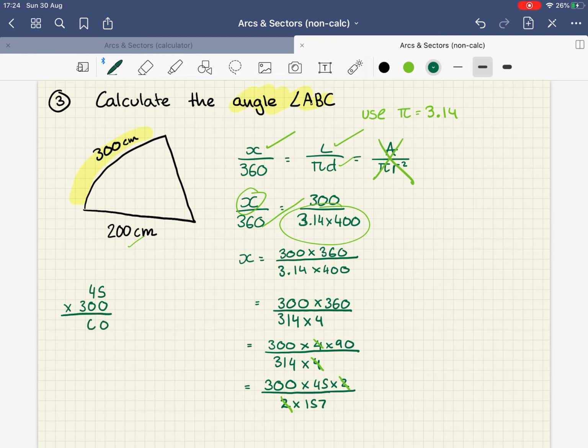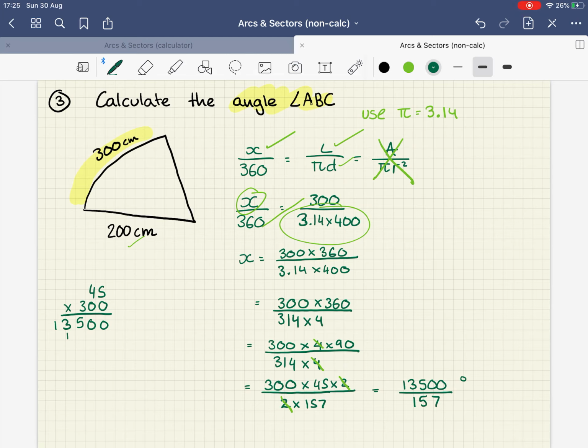And it's totally fine to still use these chimney sums to help you figure it out. So my final answer is going to be 13,500 over 157 degrees. So not a particularly nice looking number there, but that is it in its simplest form when staying as a fraction.